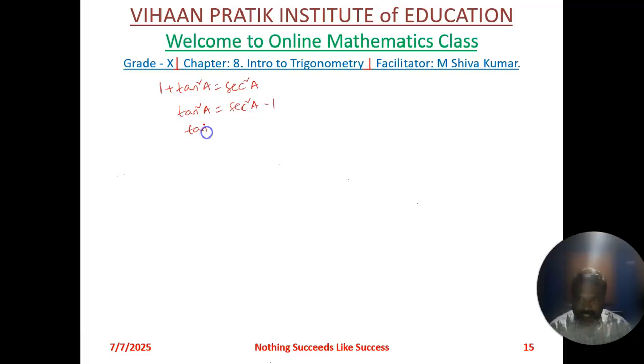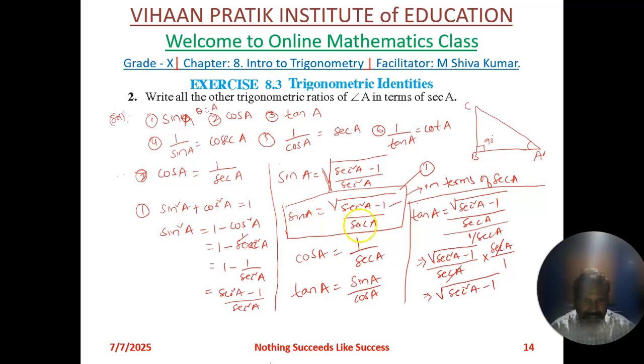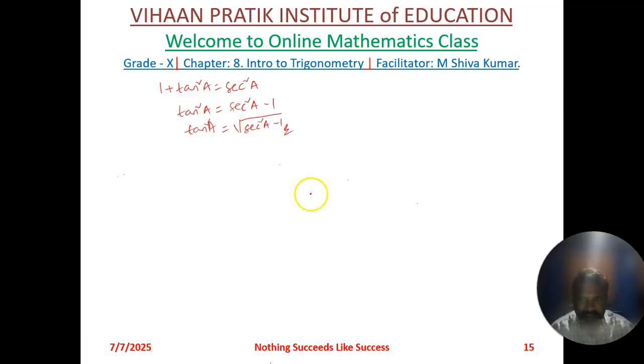So tan A equals square root of secant square A minus 1. This is the answer we got earlier. So we can either take the ratio or we can directly derive it from trigonometric identities. So we got sine, we got cos, we got tan.